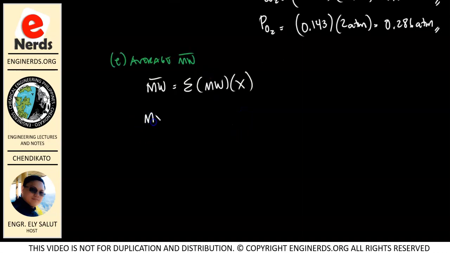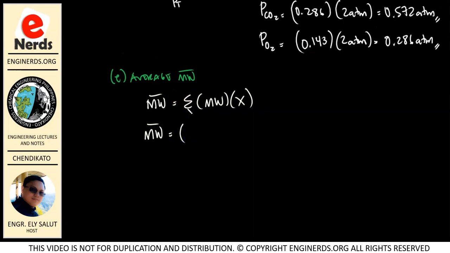So, the average molecular weight is equal to, meron tayong tatlong gas dito, no? So, unahin natin yung molecular weight ng ating nitrogen. So, sabi natin N2 is 28, di ba? So, we have 28 grams per gram mole multiplied to the mole fraction of N2.